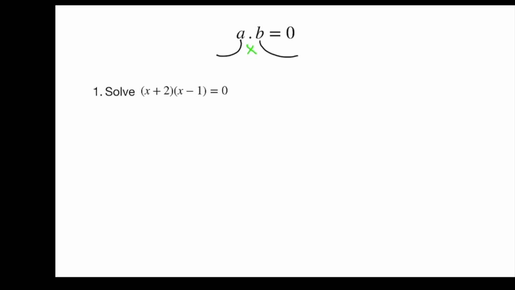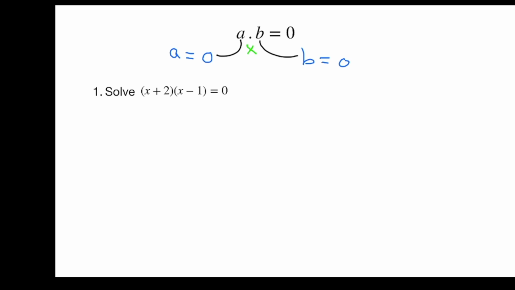So it's either a is equal to 0 or b is equal to 0. That is the only time we can get a product of 0. So please take note, this only works when the product is equal to 0. When you multiply numbers and you get a 0, then one of the numbers should be equal to 0, or both the numbers should be equal to 0 if there are two.